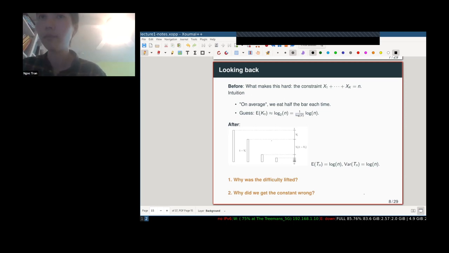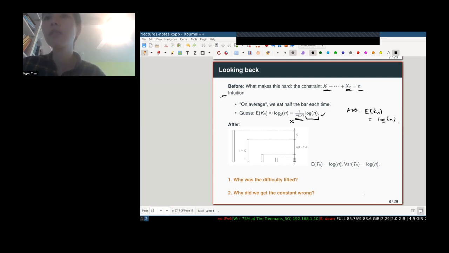Before we encountered it, we said what makes this hard is the constraint, the conditional that was annoying to deal with. But we also had good intuition: on average, we eat half the bar each time, so we should get log base 2 of n. We got the order right, but the constant wasn't right. The actual answer was log n.